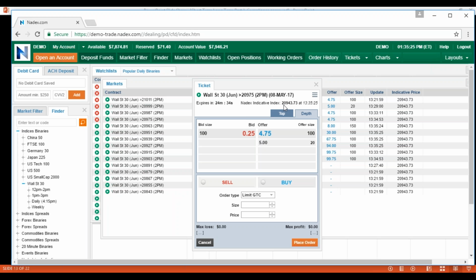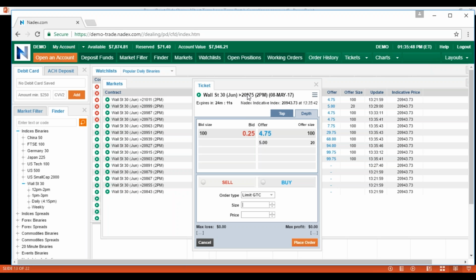Where is the market at right now? This binary says that the market will expire above 0975, right? But where is the market? 0943. The market's way below there, right? Everybody see that? Because the contract says it'll expire above 975, but it's down at 943.